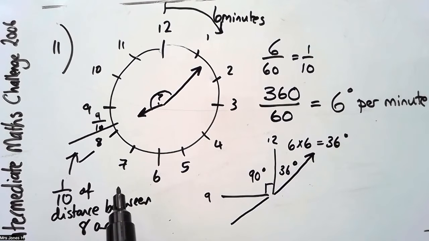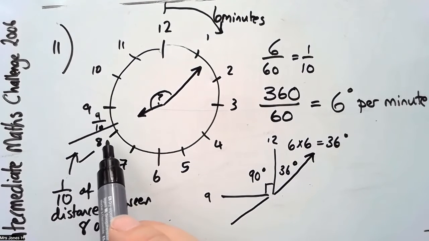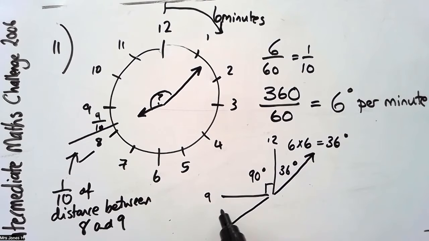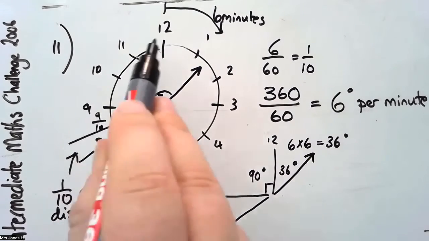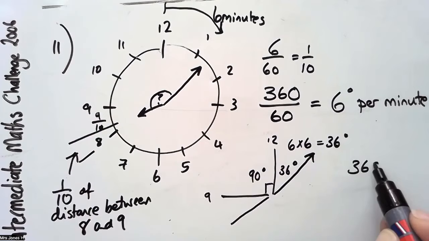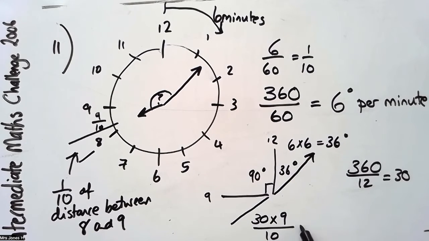9/10 of this time. Each of these is 30 degrees, because we've got 12 of them. So 360 divided by 12 is 30. So we've got 30 multiplied by 9/10, which gives us 27 degrees.